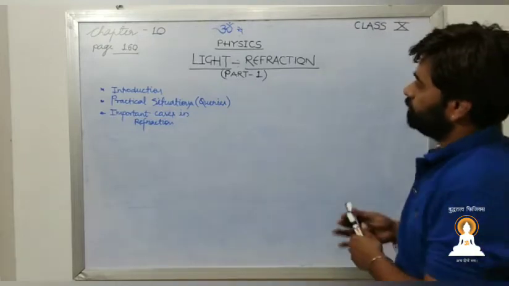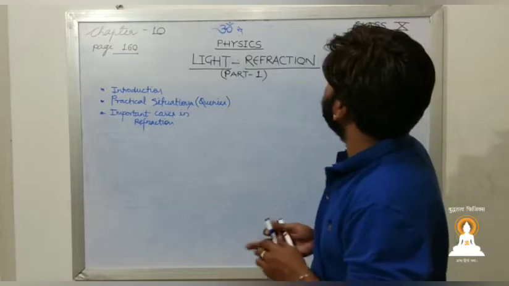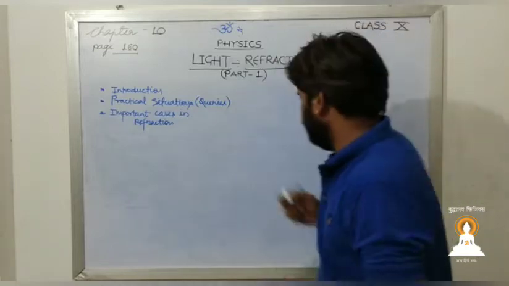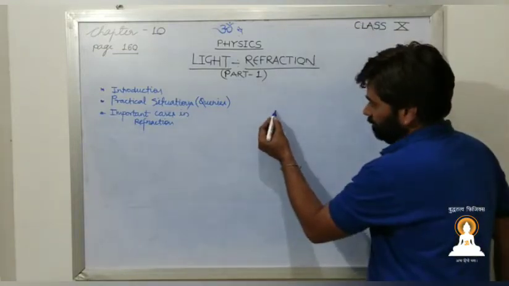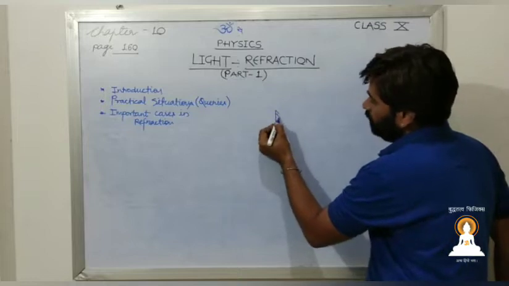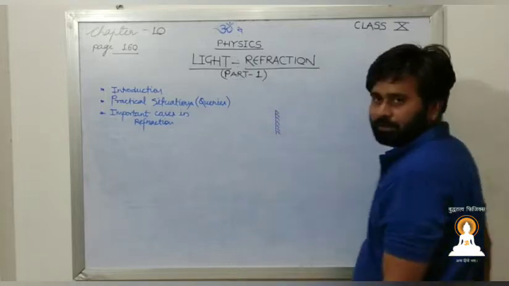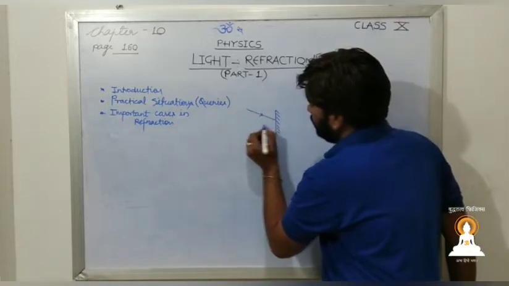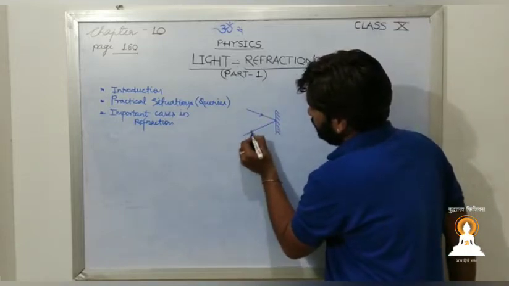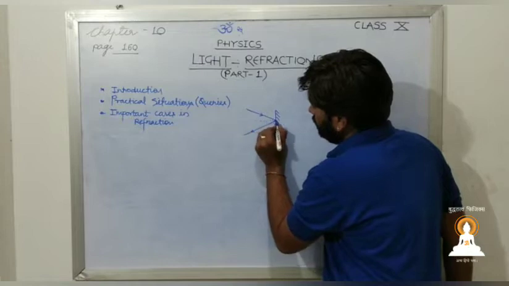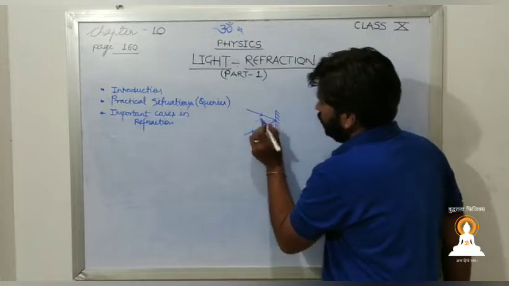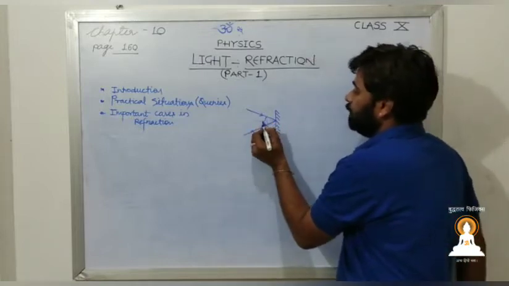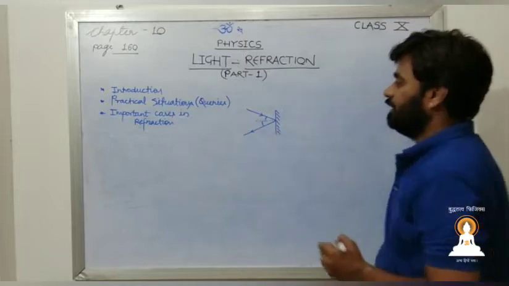First one, introduction. So actually what is refraction? In reflection, what we have seen is we had a mirror, and light was coming and moving in the same direction with a particular point of incidence and a normal. We had an angle of incidence and an angle of reflection as well.